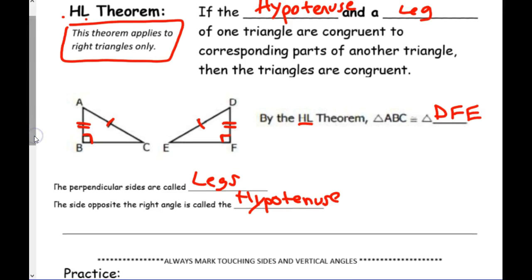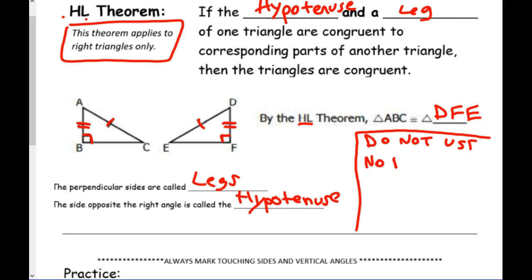So, real quick, right here, we're going to make a list of the ones you can't use. Do not use. Now, instead of saying the ASS word, I'm going to say no booty. SSA, forwards or backwards. That's no bueno.